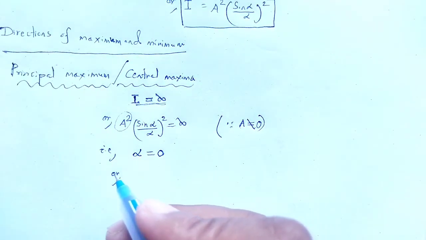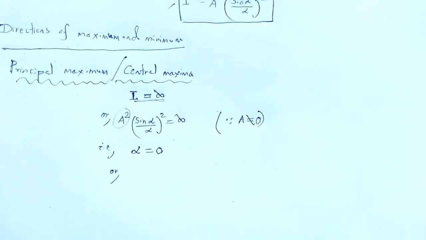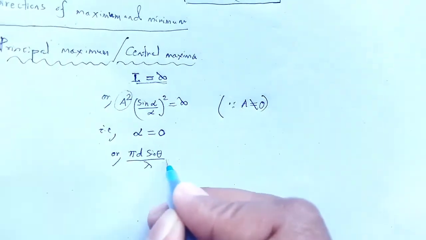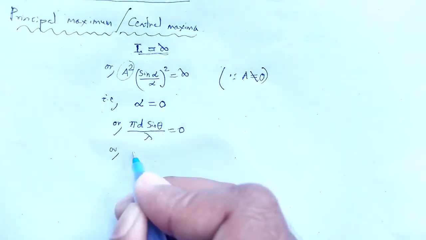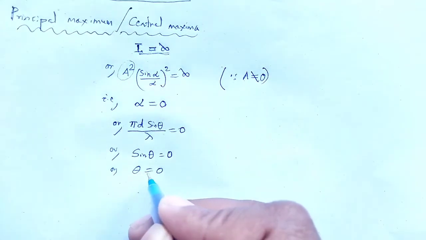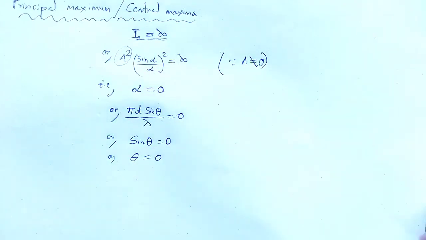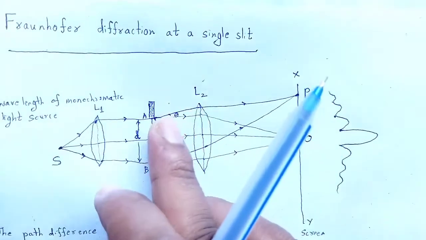We have alpha as pi d sin theta by lambda, so pi d sin theta by lambda is equal to 0. From that expression it is clear that sin theta is equal to 0 or theta is equal to 0. So the direction of central maxima is obtained when theta is equal to 0 degree.